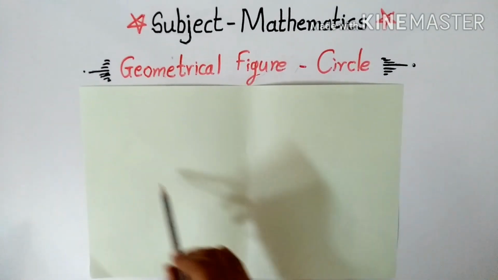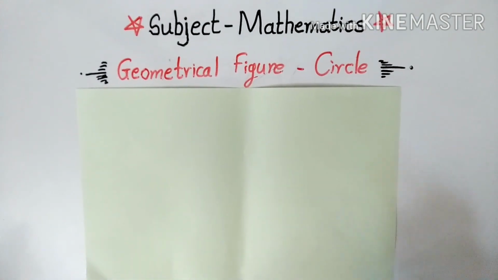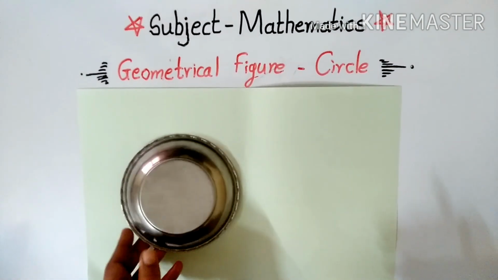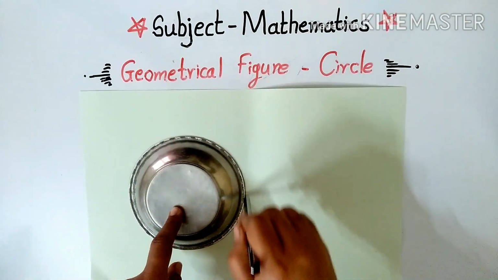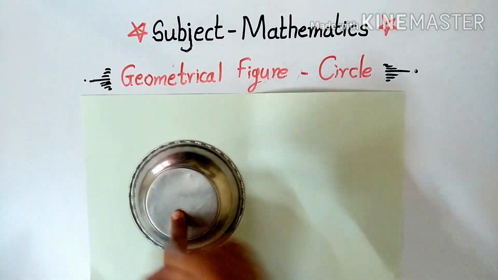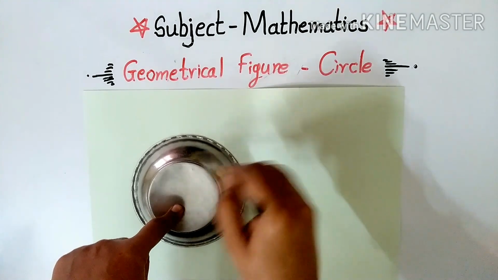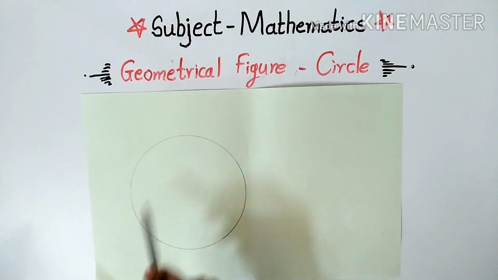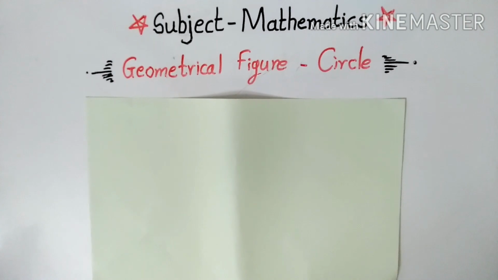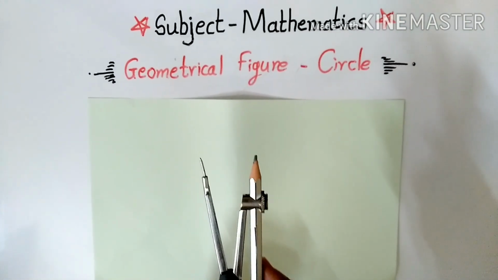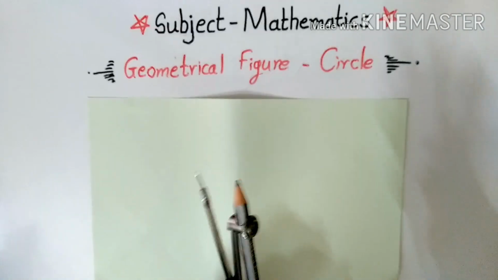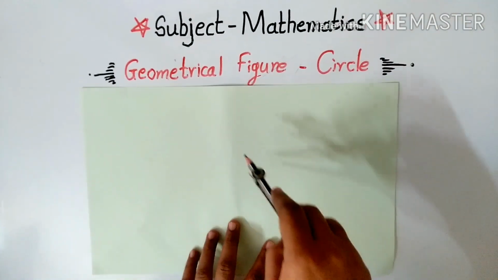If we want to draw a circle on the page, we can use this dish and trace a line around the dish. After that, we will get a circle. We can also use this round compass for drawing a circle.